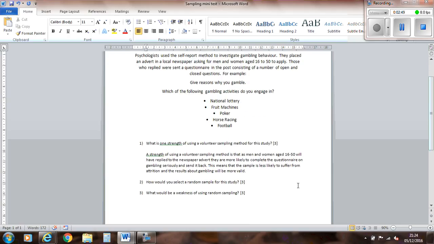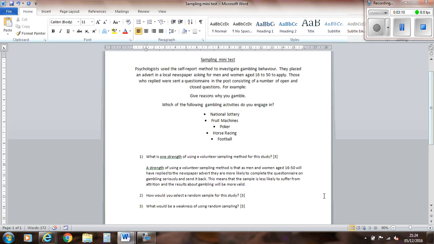Strength of using a volunteer sampling method is that as men and women aged 16 to 50 will have replied to the newspaper advert, they are more likely to complete the questionnaire on gambling seriously and send it back. This means that the sample is less likely to suffer from attrition. And the results about gambling will be more valid.